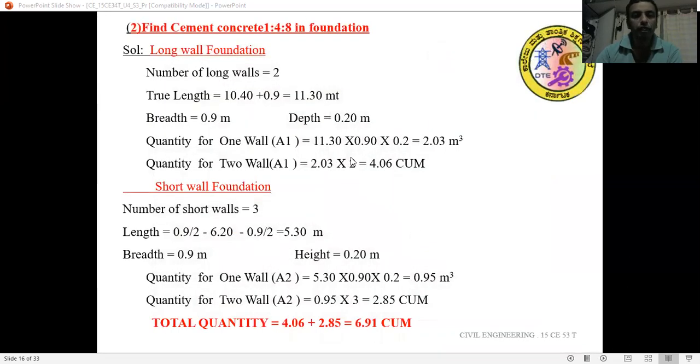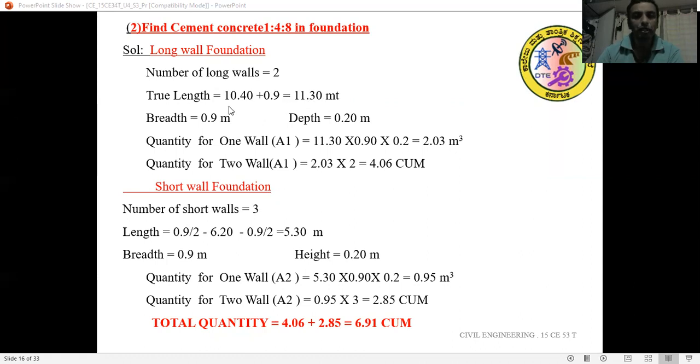Then after finding the earthwork excavation, the second item is finding the cement concrete 1:4:8 in foundation. Here we have to calculate separately for long wall and for short wall. Number of long wall is 2, number of short wall is equal to 3. Then the true length of long wall is similar to the true length of the excavation for long wall.